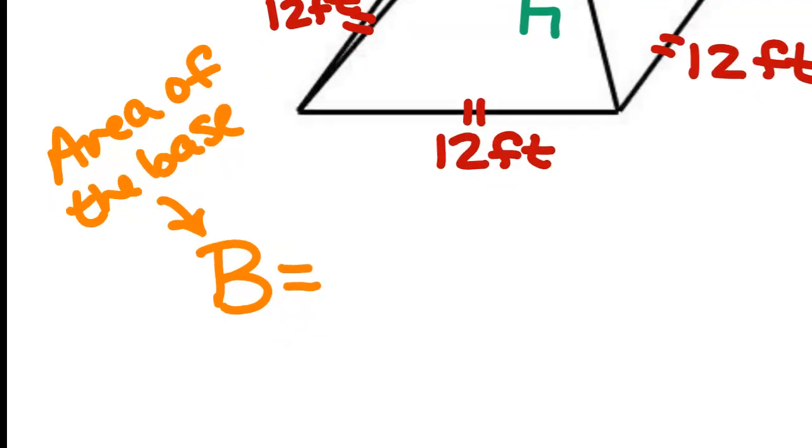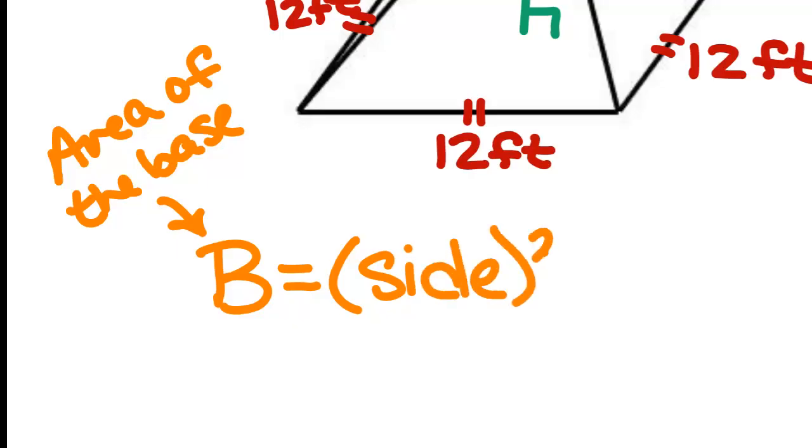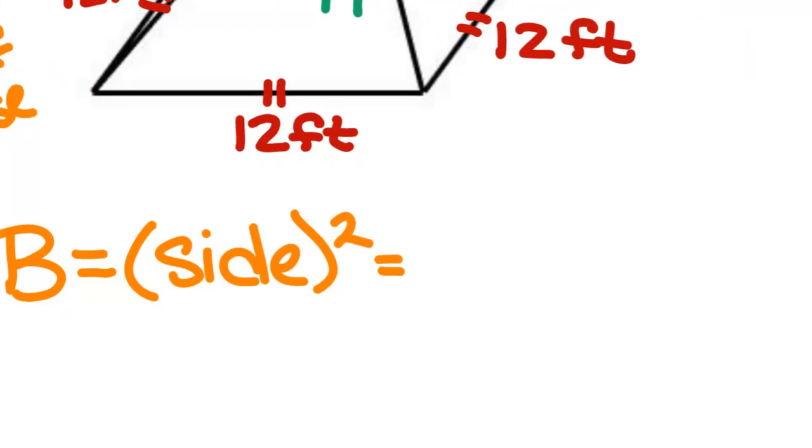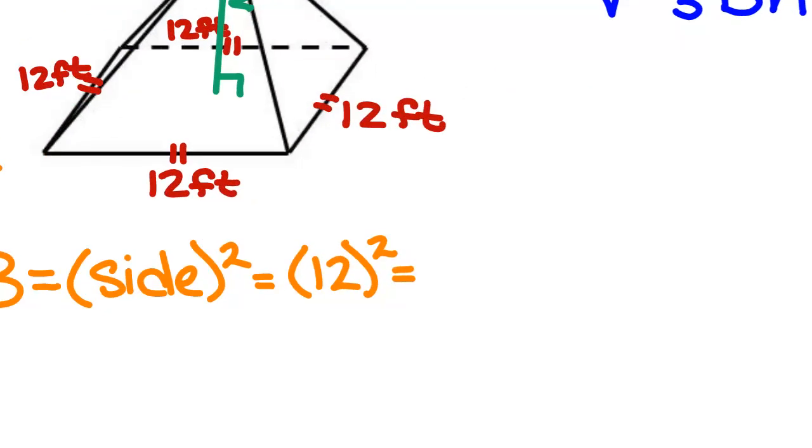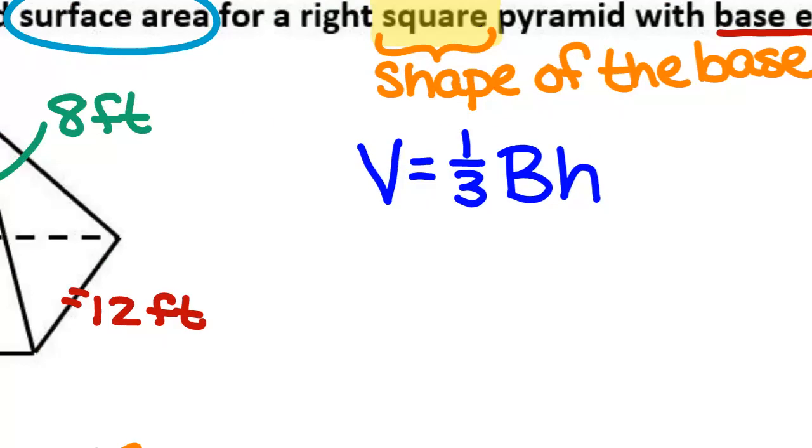Side squared. How big are our sides? 12. So we take 12 and we square it. What is 12 squared? 144. So 144 feet squared for the area of the base.